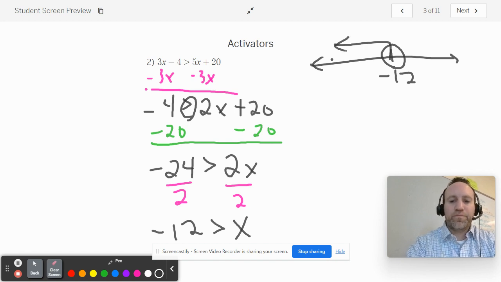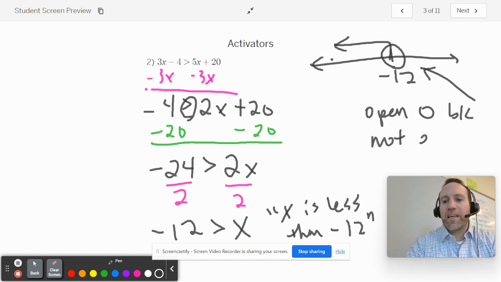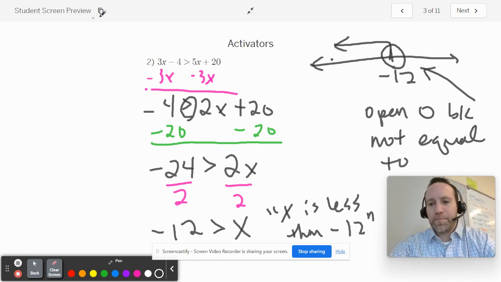So again, x is less than -12, and it's an open circle, because it's not equal to. If it had been equal to, then it would be a closed circle.